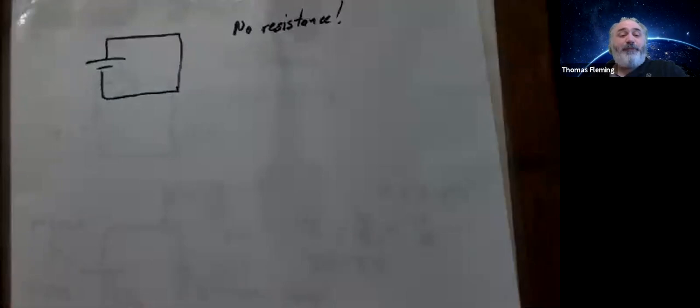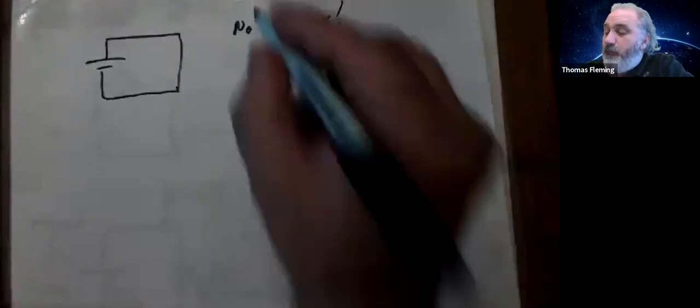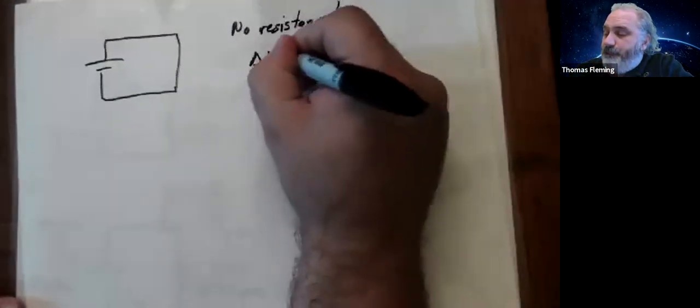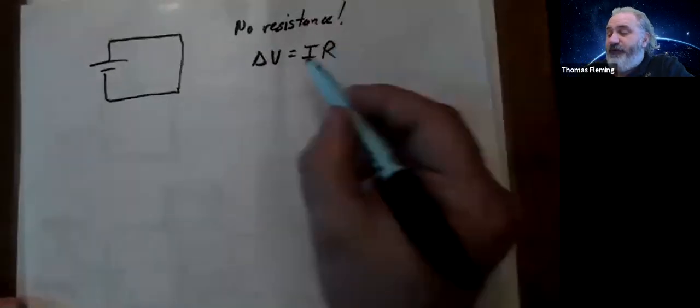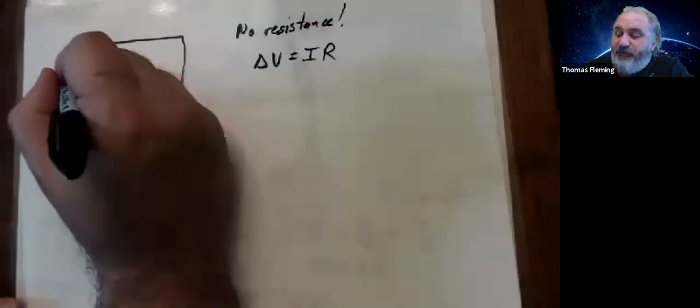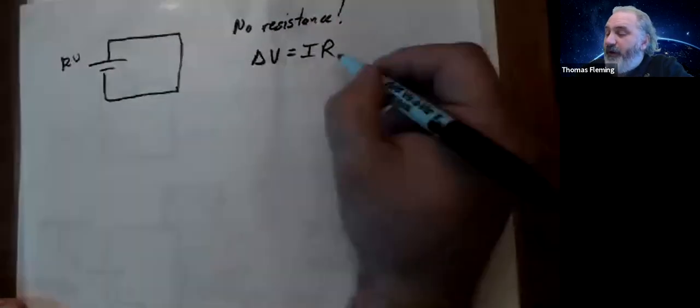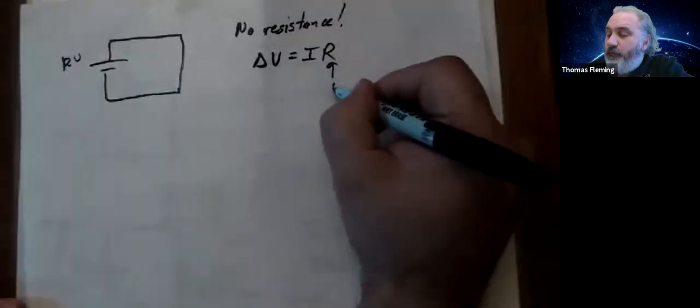Well, what's going to happen right there? I know that Ohm's law says that V equals I times R. Let's say that V is 12 volts, but my R is 0.